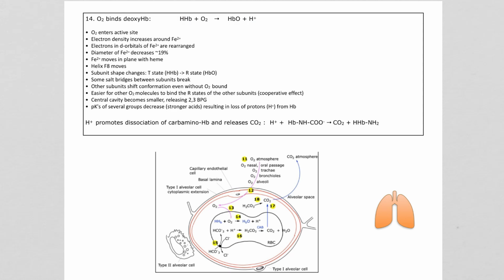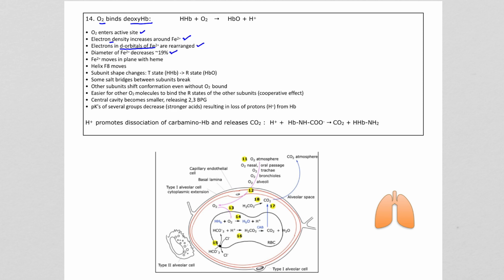In the previous video, we mentioned what happens when oxygen binds deoxyhemoglobin. Oxygen will enter the active site of the hemoglobin. The electron density around the iron atom will increase due to the presence of oxygen. The electrons in the d orbitals of the iron will be rearranged.